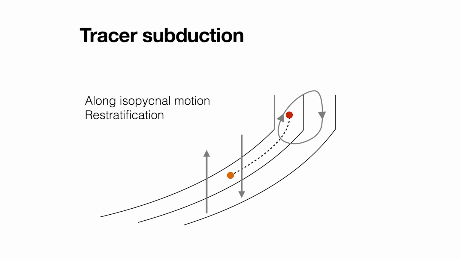And when these isopycnal surfaces are sloping, then this energetically favorable along-isopycnal motion has a vertical component to it, not just a lateral transport along flat density surfaces.